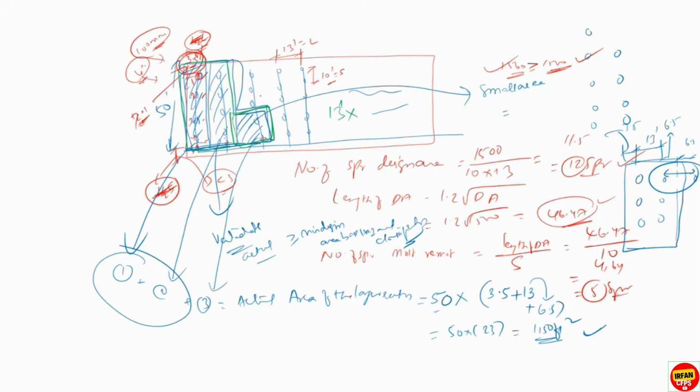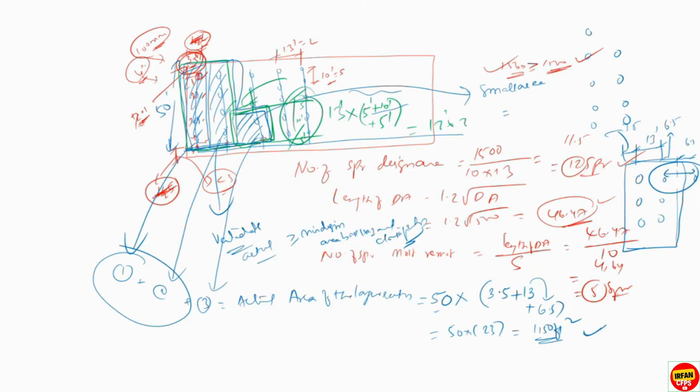So the small rectangle area will be 13 feet multiplied by, here it will be 20 feet. How? 5 feet plus 10 feet plus 5 feet. This length is 5 feet, 10 feet and 5 feet.